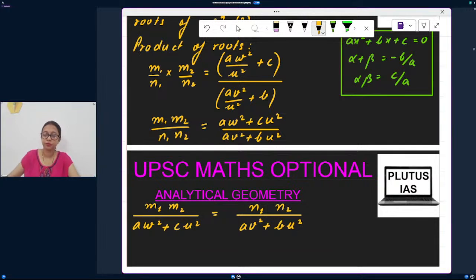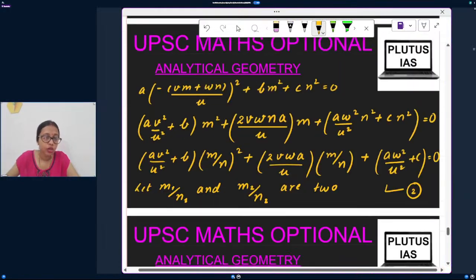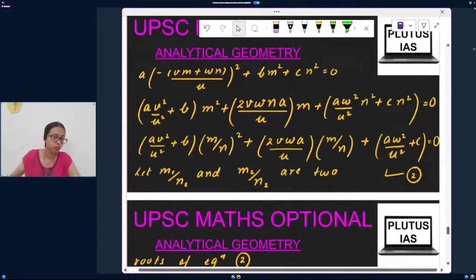Now, from here, either you repeat everything, because I'm getting the relation of m1 m2 and n1 n2, since in the beginning I found n. So now, in order to get the L1 L2 part, either you restart and find m from here and then repeat all the calculations, which is an extra job to do.